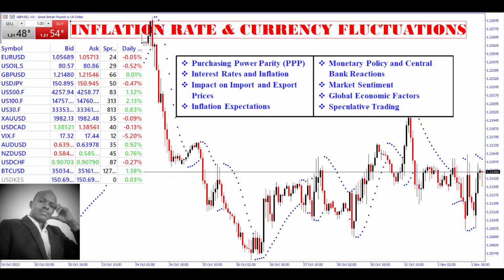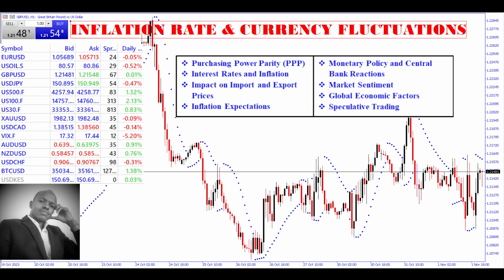Impact on interest rates. Central banks often use interest rate policies to combat inflation. If inflation is rising in the UK, the Bank of England would raise the interest rate to reduce the rising inflation.